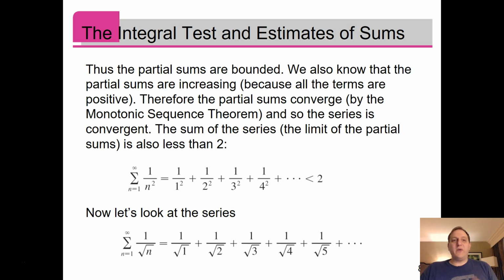So you have to remember the monotonic sequence theorem: if a sequence is monotonic and bounded, it must converge. We had a monotonic sequence. The sequence of partial sums was increasing. It was bounded above by 2. It was bounded below by 0. Therefore, I can say that the sequence of partial sums converges. And since the sequence of partial sums converges, the series also converges.